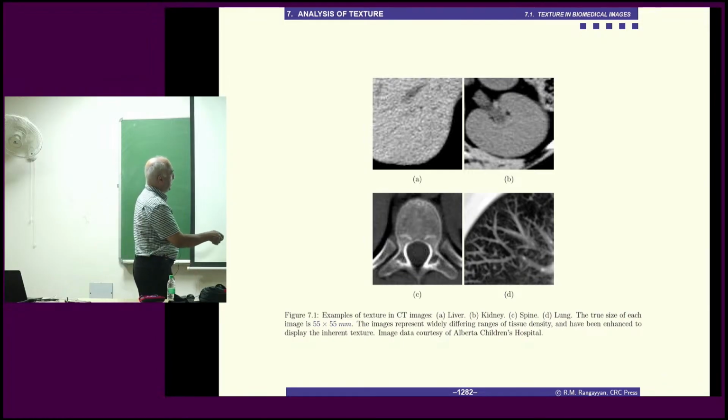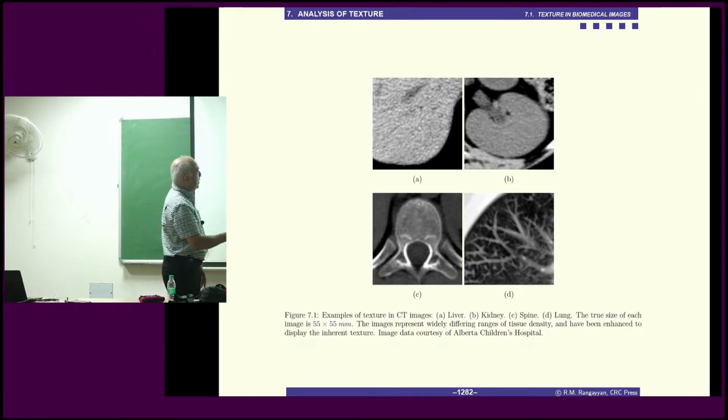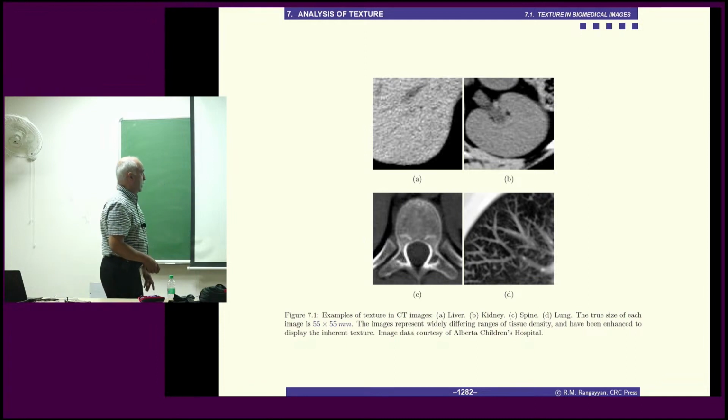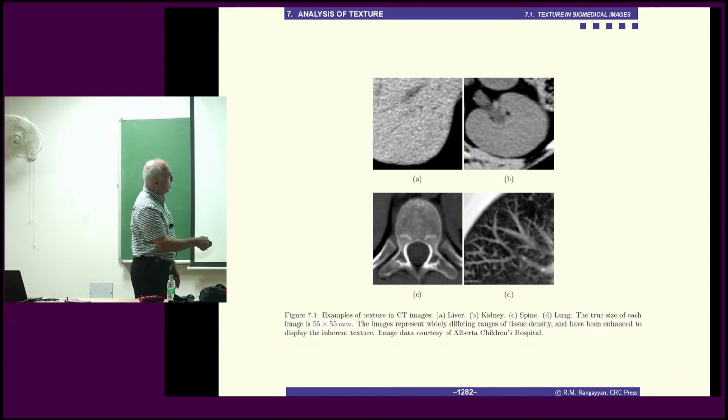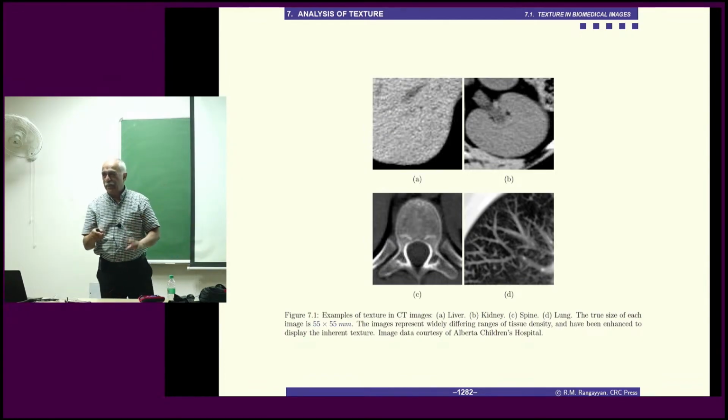These boundaries are not texture, but what is inside here could be taken to be some sort of texture. And this is oriented texture, branching patterns in the lungs. That is a different type of texture by itself. Oriented, yes, there are some oriented patterns, but they keep branching, so you eventually have all orientations.